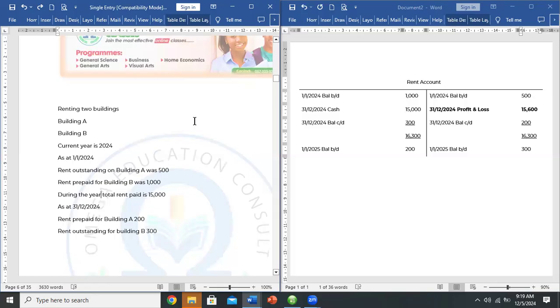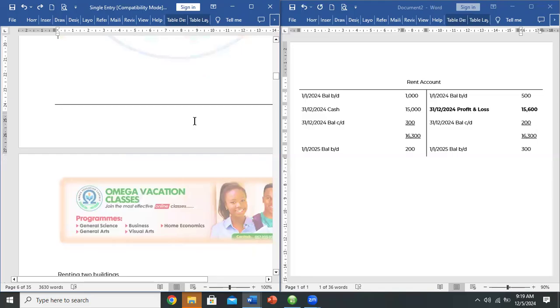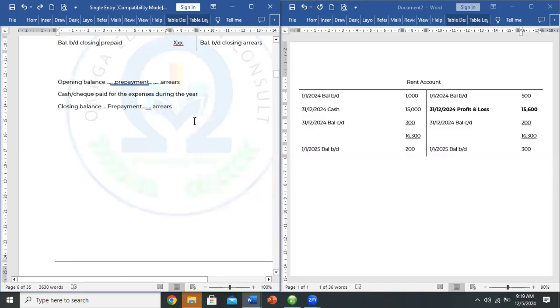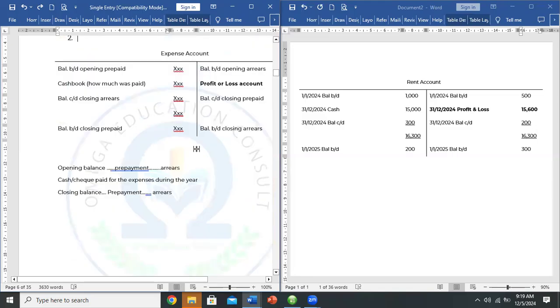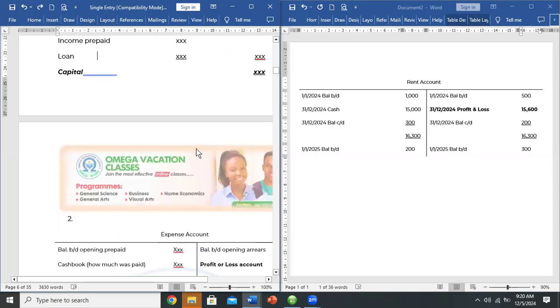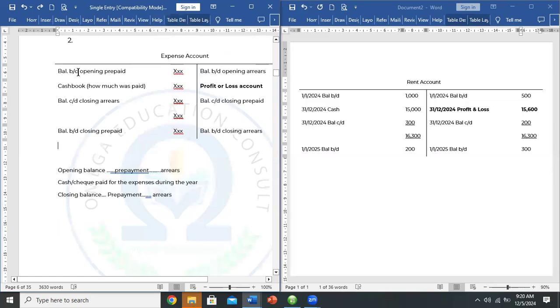Okay, let me go back to the format. I wanted to do this with you before showing you the format. If you look at the format, you first put your opening balance. If it's a prepaid asset, you put it at the debit side. If it's arrears or outstanding, you put it at the credit side, like we did for the scenario.